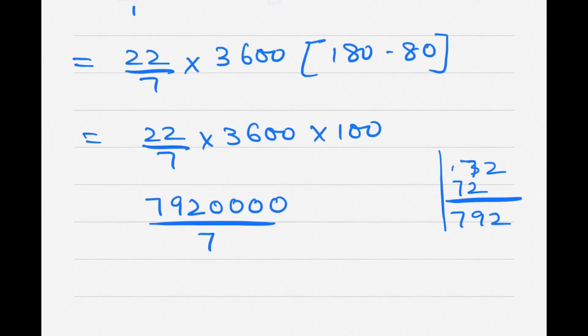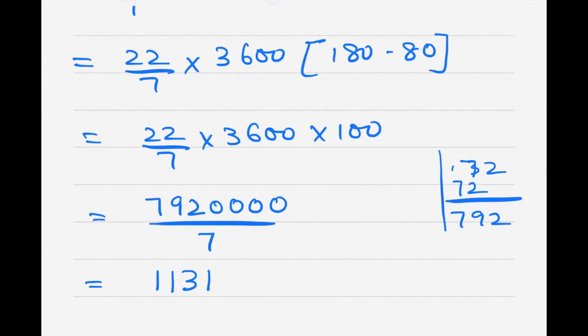Now this will give me 7 ones are 7, 7 ones are 7, and then I have 22. So 7 3 times 21, 10, then 7, right?